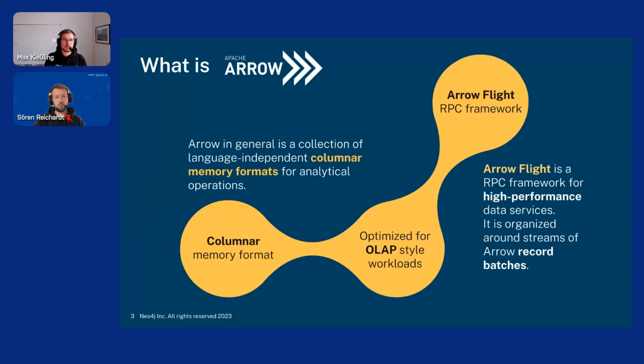The other framework that we are going to be relying on in our talk is Apache Arrow. Apache Arrow, at its core, is a specification of columnar in-memory formats that are both language independent and designed and optimized for analytical workloads. Apache Arrow defines value types like strings, integers, floating point values, and lists thereof, and many more, and their memory layout, and specifies how to represent these values as vectors.